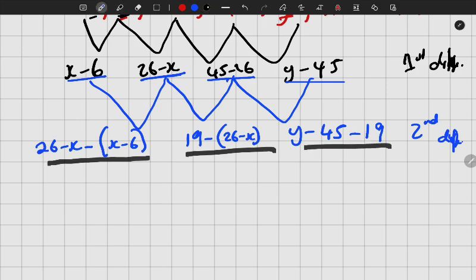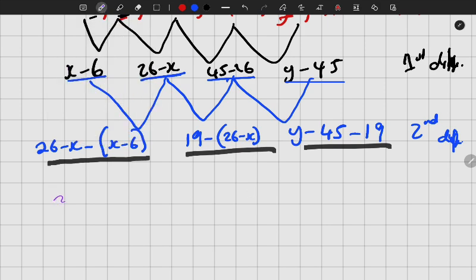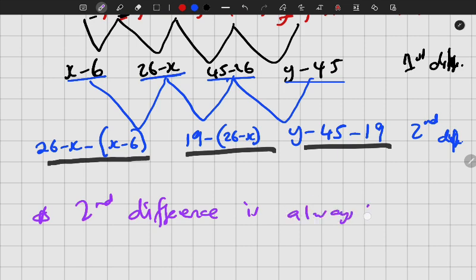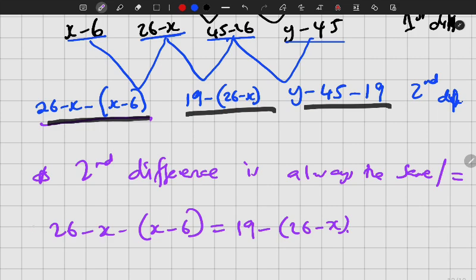Because the second difference is always the same, or equal. So 26 minus x minus 6 is going to be equal to 19 minus 26 minus x.